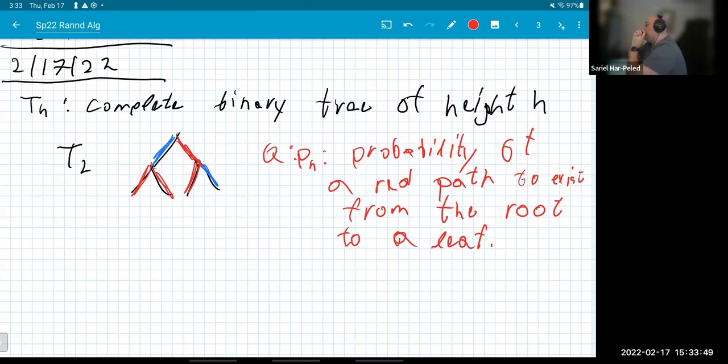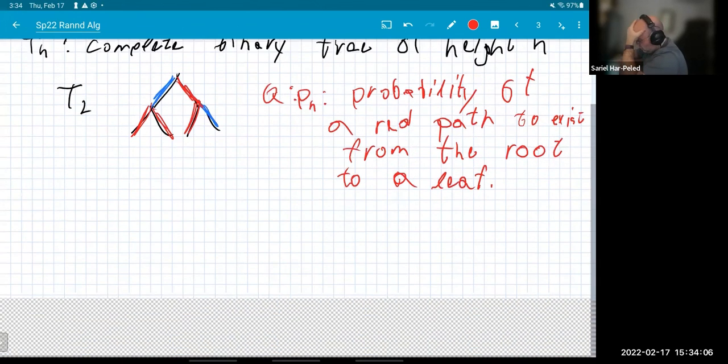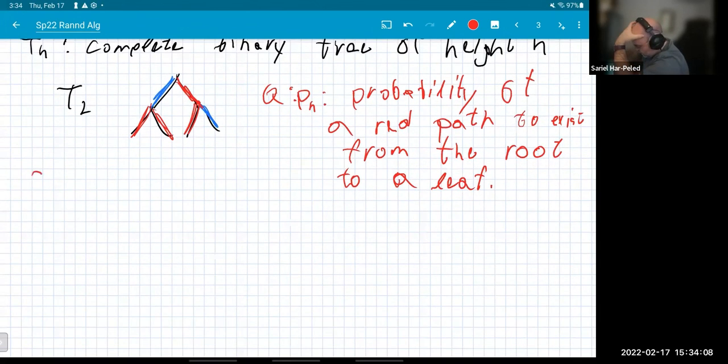Okay, so I'm interested in this probability, right? And this case is somewhat different. It's similar to what you had to do, but it's in a different regime, because I want to know what the probability is. So let's start doing some easy cases.